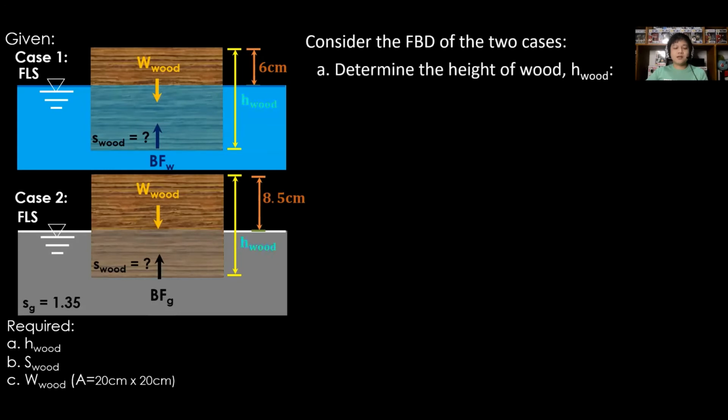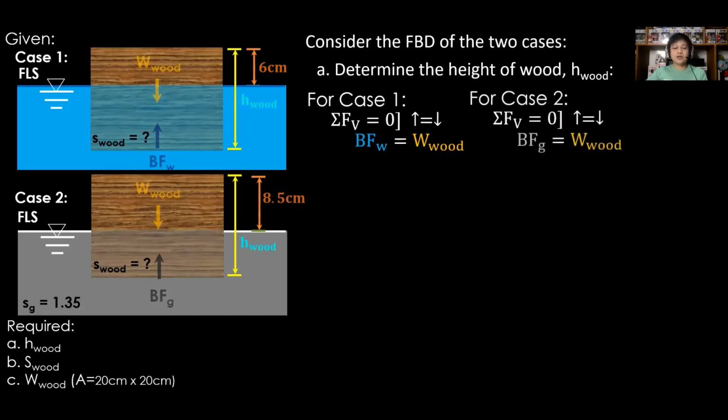First requirement, determine the height of the wood or H sub wood. Consider case 1 and sum of forces vertical equal to 0. Thus, BFW is equal to the weight of the wood. On the other hand, if we consider case number 2 and same sum of forces vertical equal to 0, the value of the buoyant force for glycerin is equal to the weight of the wood.